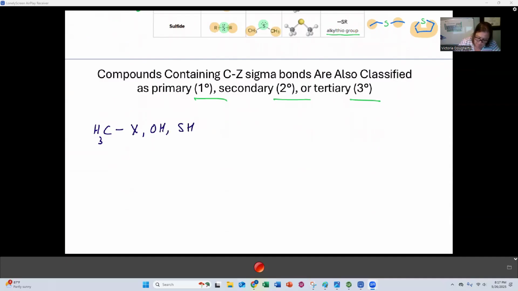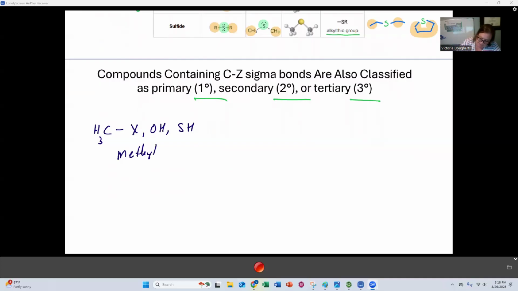This is what we call a methyl. So methyl alcohol, methyl thiol, methyl halide. That's how we classify them, because that carbon's not attached to any other carbons, so it doesn't fall into the primary, secondary, tertiary category.